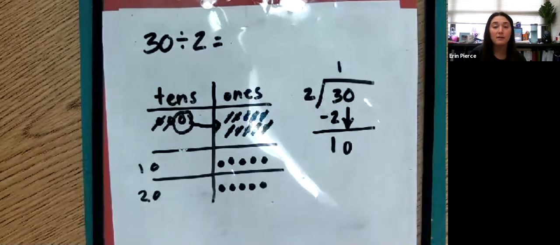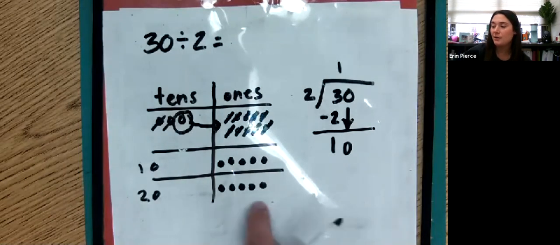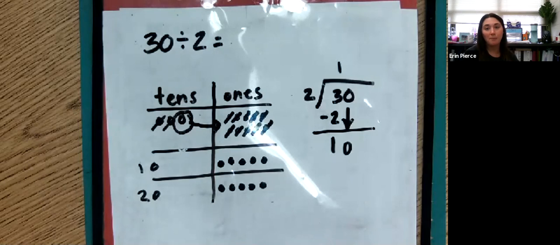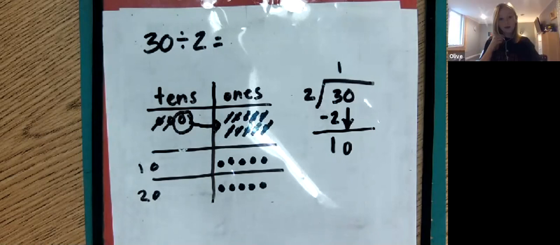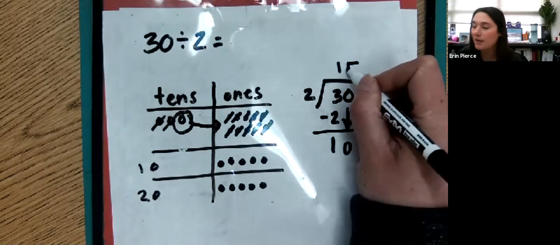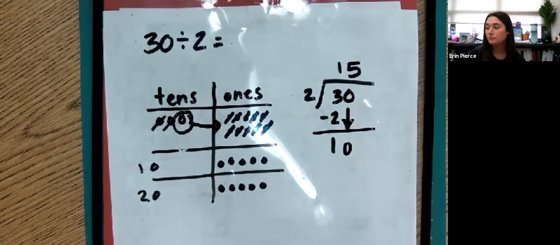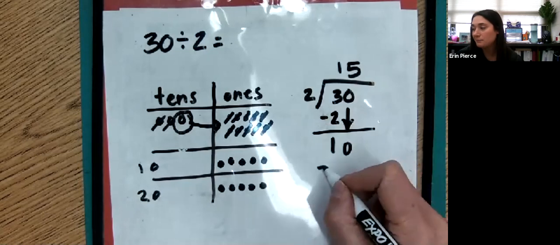Do I have anything left over? How much is in that group of ones? If I say 10 divided by 2, what is my answer, Olive? 5. So I write the 5 above here. 5 times 2 gives me 10.